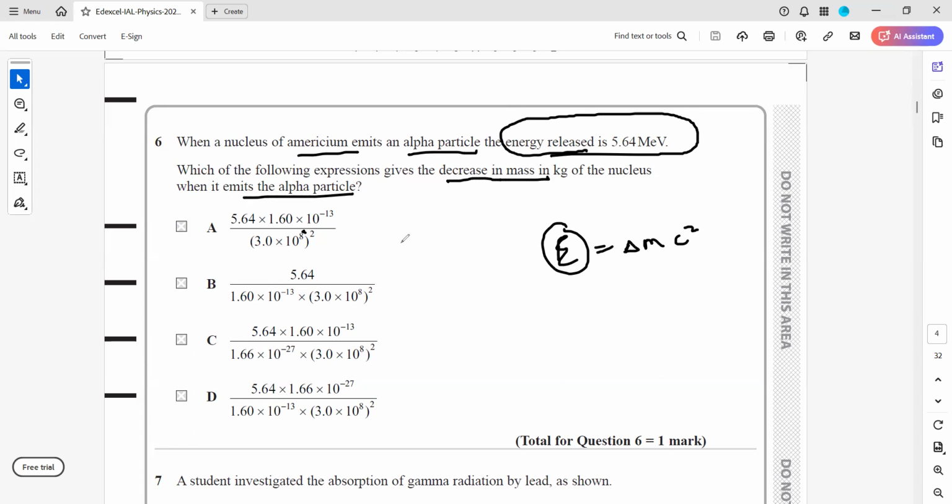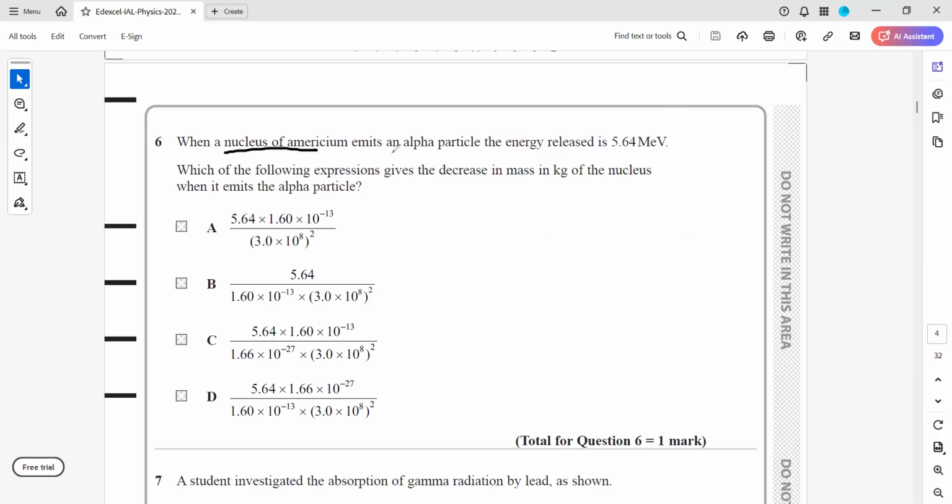Yes, we should also do that as well. But according to the energy, we just have to calculate how much energy is released. Definitely the alpha particle is emitted. As you can see, when a nucleus of americium emits an alpha particle, the energy release is this much. This energy release includes everything, including the alpha particle mass which is converting to energy.